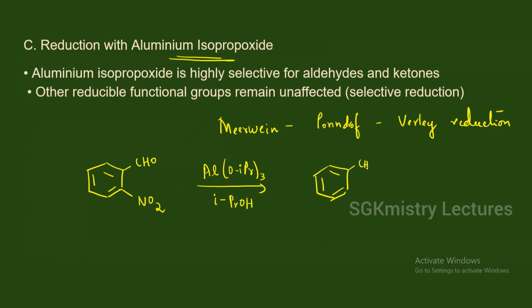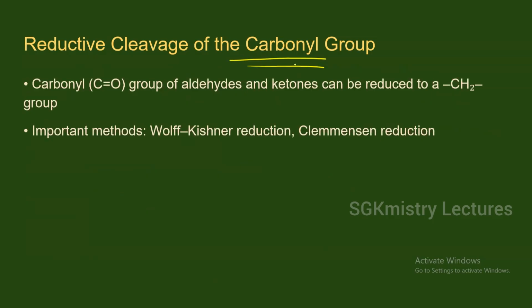So we have CH2OH, and NO2 remains as such. Although NO2 can be reduced further, it is not going to be affected in the presence of this aluminium isopropoxide reagent. And this particular reduction reaction has the special name Meerwein-Ponndorf-Verley reduction. Right.